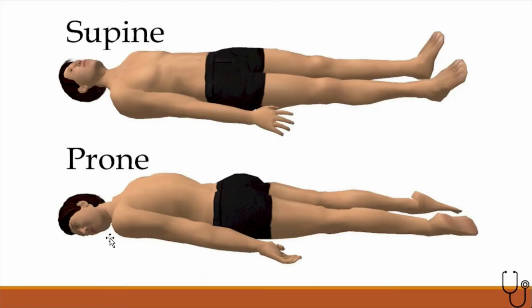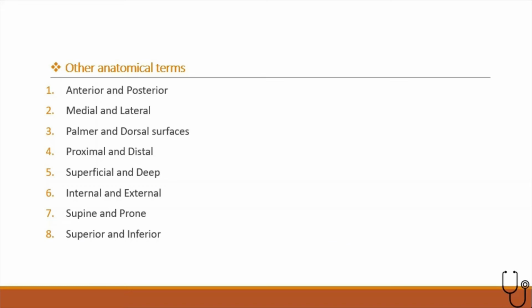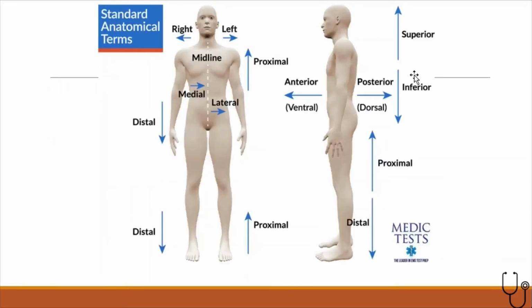When a person is lying face downward, it is called the prone position. The next one is superior and inferior. Superior and inferior mean respectively the upper and lower end of the body. You can see in this image, this is the superior end or the upper end, and this is the inferior or the lower end.